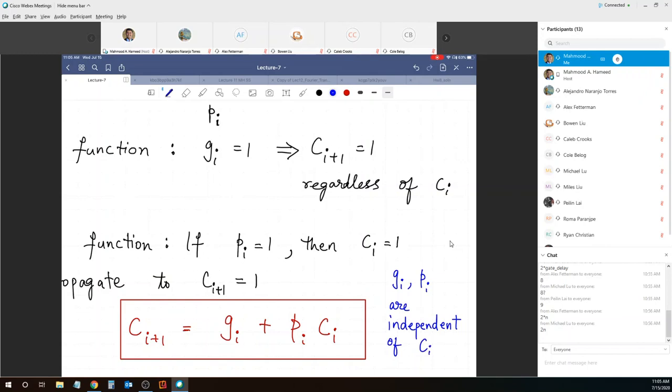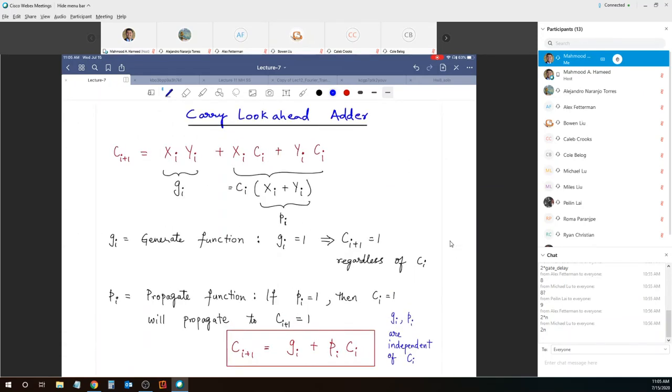That's the main reason for which we isolated them into those two functions. And g sub i is x and y, p sub i is x or y, right? So it's independent of c sub i. In other words, g and p are not the bottleneck.